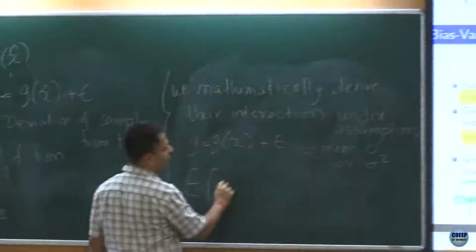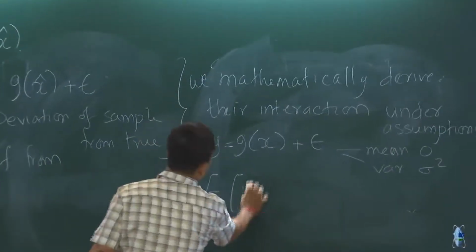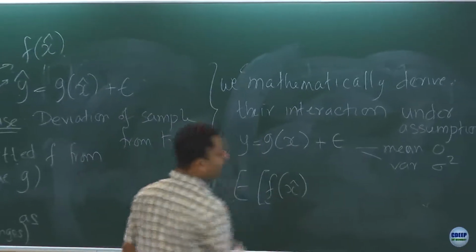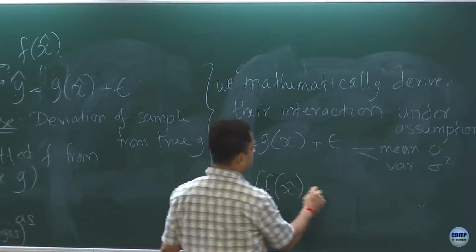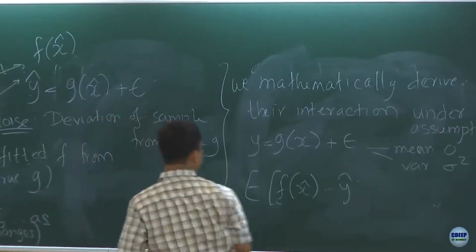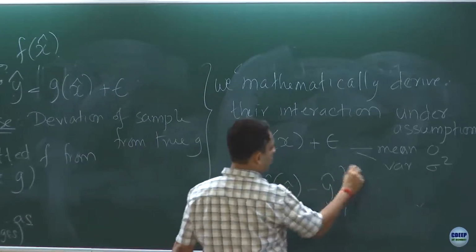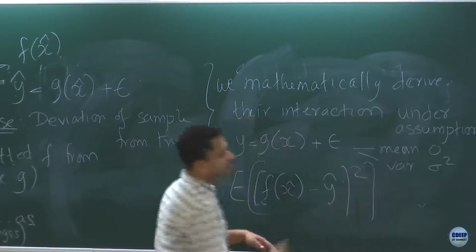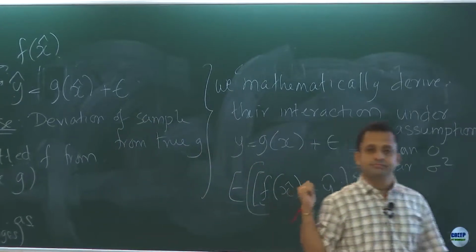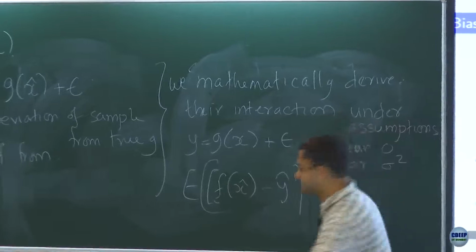So therefore we look at the expected value of the fit f(x hat), where x hat is a query point, minus y hat which itself has this form, the whole square. It's the expected value of the square.